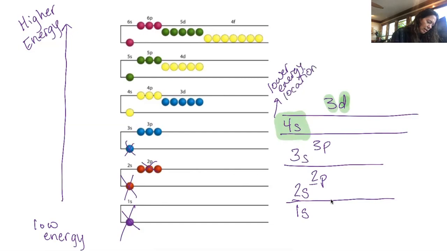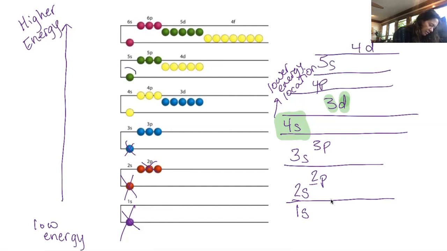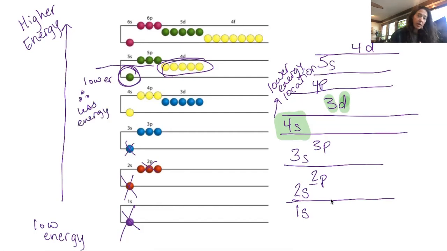After the 3d comes the 4p. Then comes the 5s, then the 4d. You can see that the 5s is lower than the 4d, so it has less energy. If this doesn't make sense, you need to bring it to class.